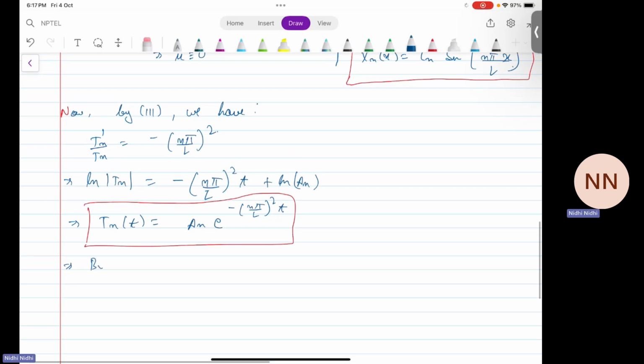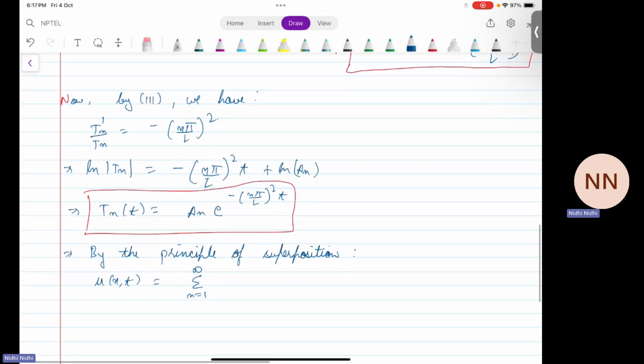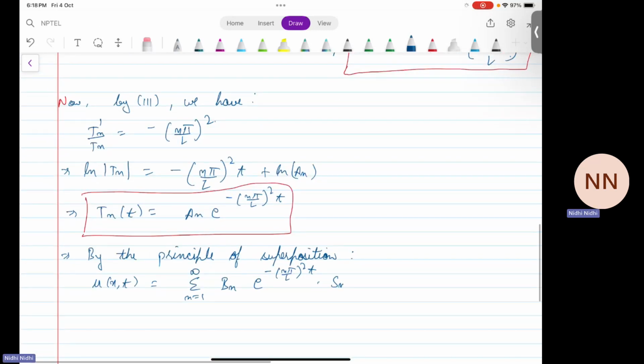This implies by the principle of superposition, we have u of x,t is equal to summation n from 1 to infinity. I'll take some other constant bn, e to the power minus n pi by L square t times sine n pi by L x.